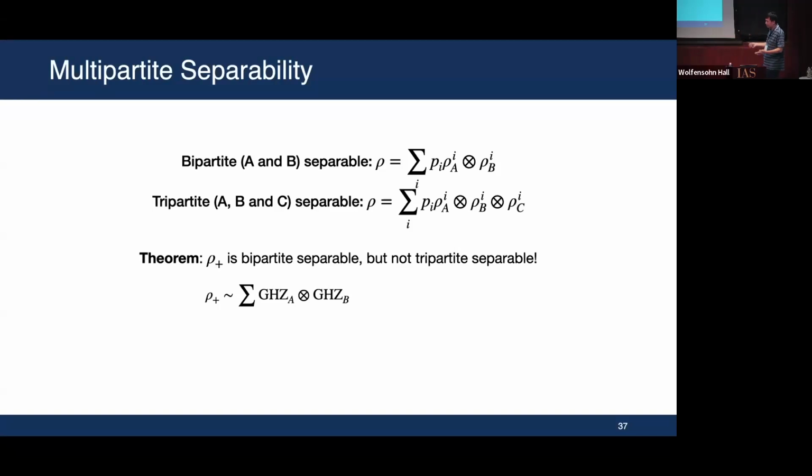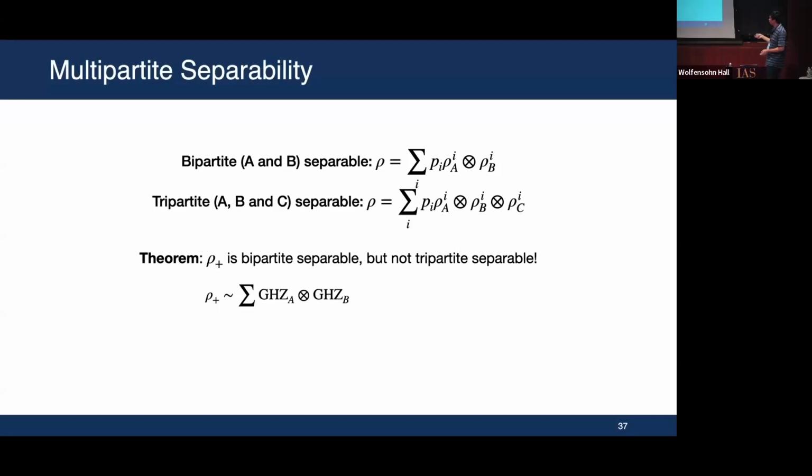Obviously, you can define it for any number of partitions. I can do it for tripartite, A, B, and C, and it means that the state can be written as a convex sum of tensor products of states on each subsystem. Okay, so here's the theorem, an interesting fact about this state: it is bipartite separable, meaning that if you cut the system into two parts, you can write it in this form.